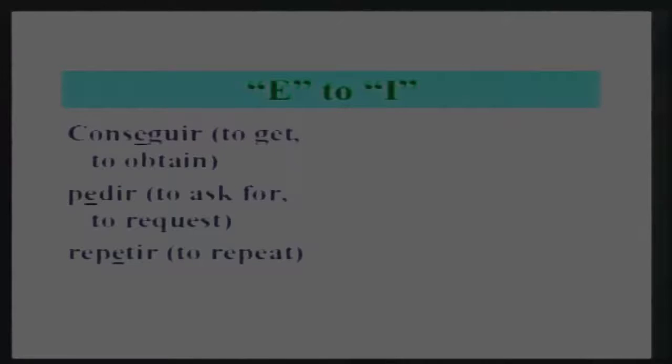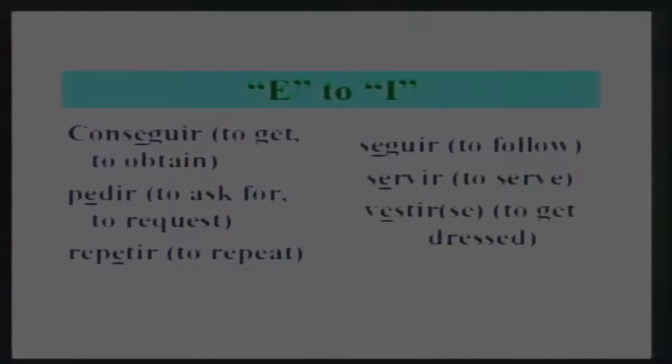The second E changes to I. Seguir, means to follow. Servir, to serve. And vestir, vestirse, to get dressed. In each, the E changes to I.